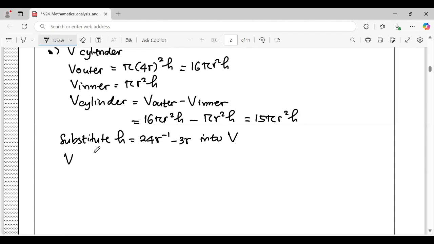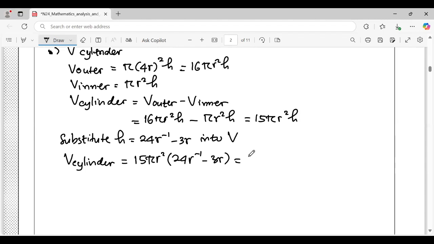So volume of cylinder equals 15 pi r squared times 24 r to the power minus 1 minus 3r.